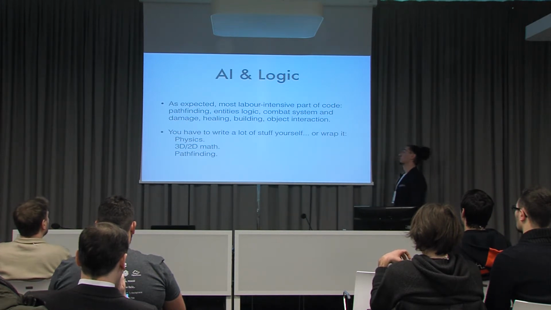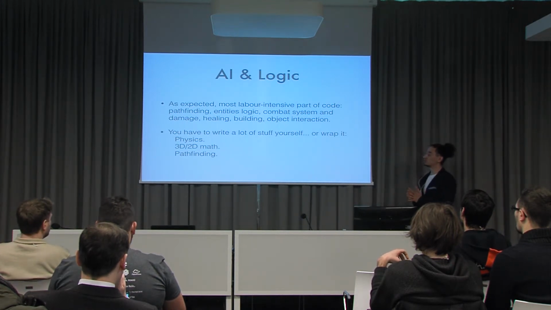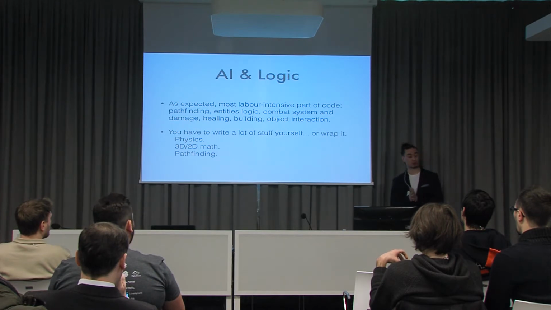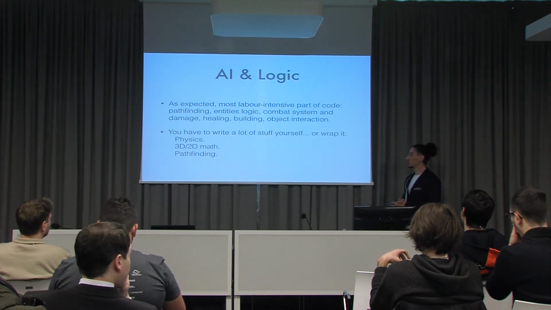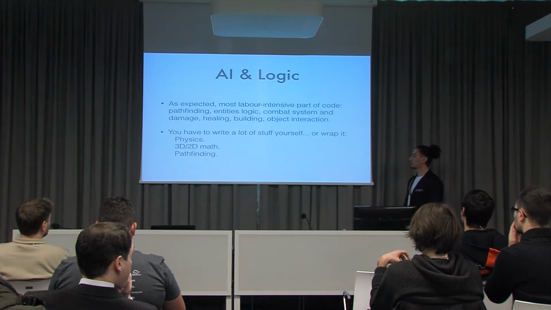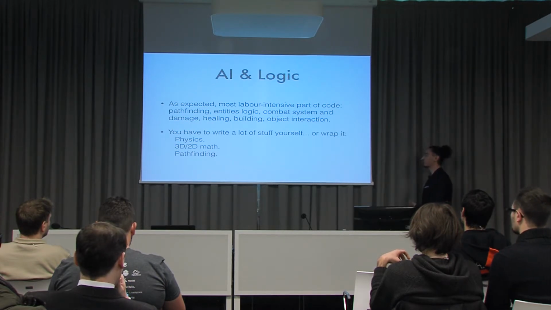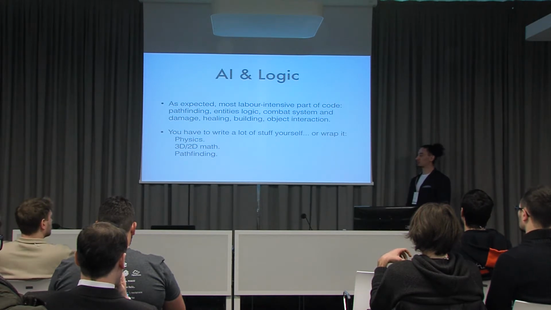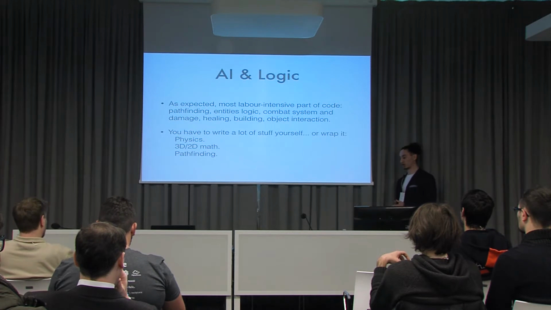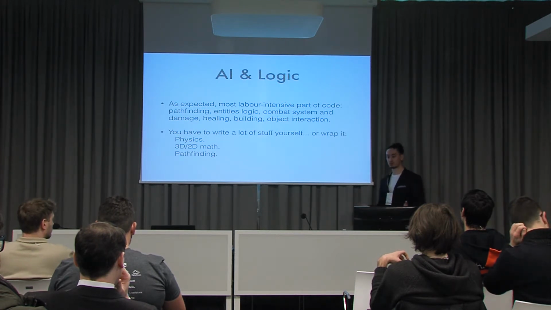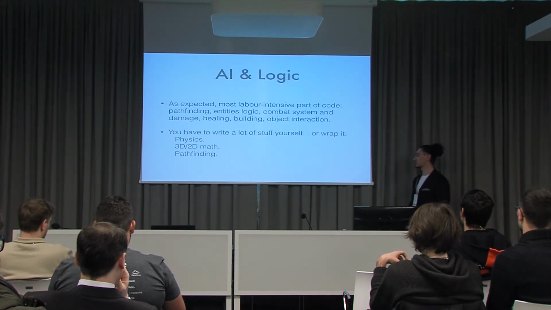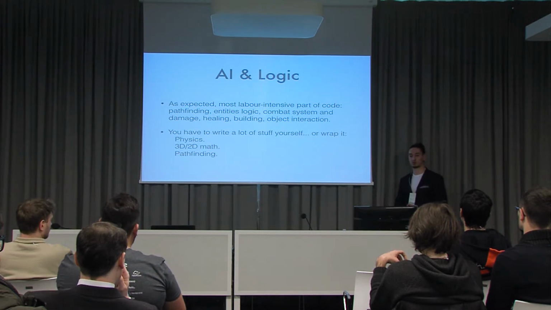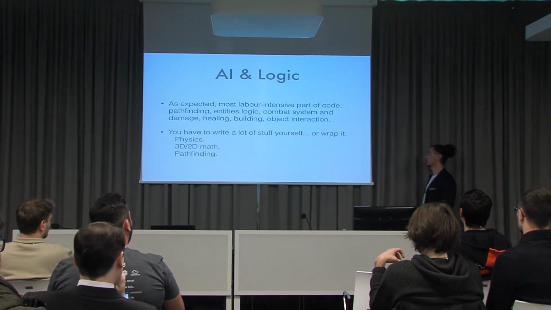And this is probably the part which required the most work, because we found that a lot of code is to be written by yourself. If anybody of you is interested in game development, you probably heard about physics libraries, such as Unity, a lot of tools which are used to do game development.